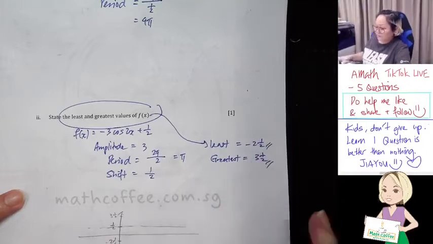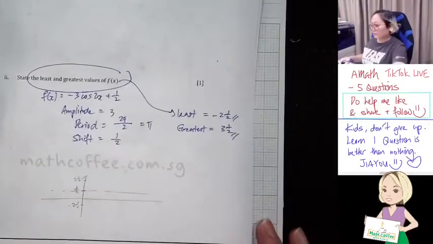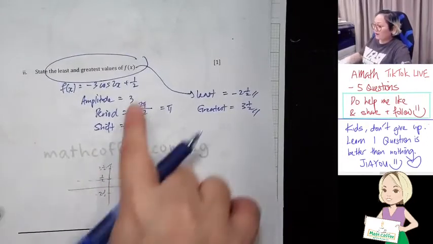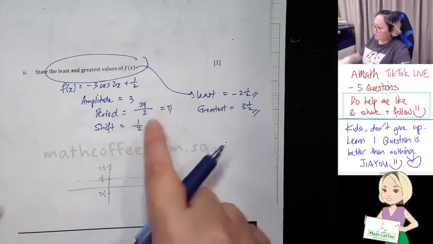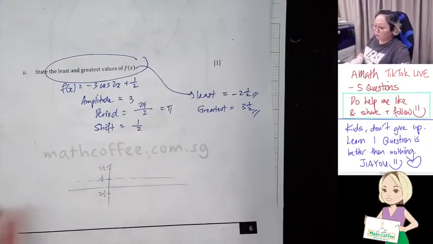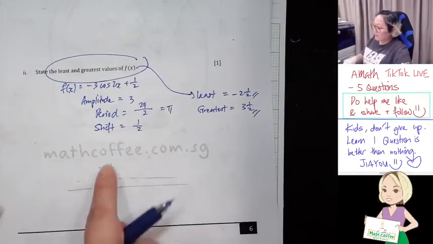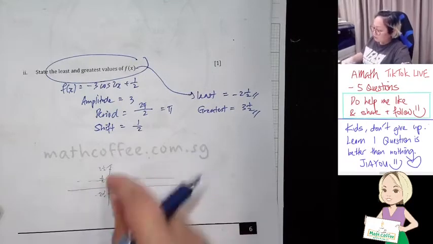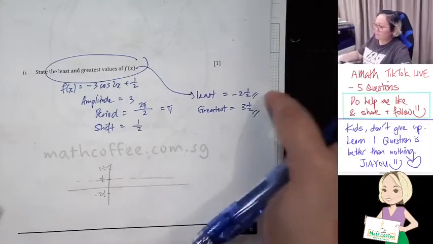Done. Some people can memorize, but it's okay. You can always find this information: amplitude, the shift, plot it out. This one no need to plot very nicely. You only need to know the middle line and the amplitude: half plus 3, half minus 3, which is minus 2.5, and you will know your minimum and maximum.